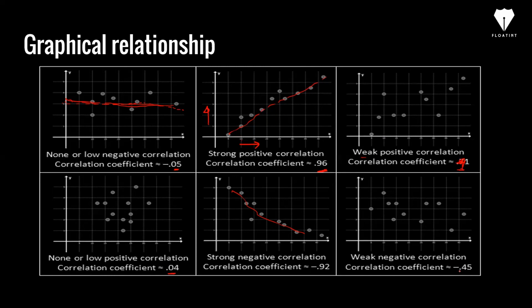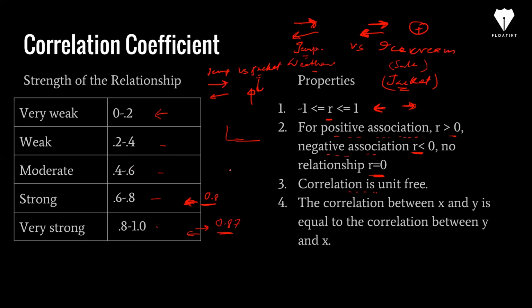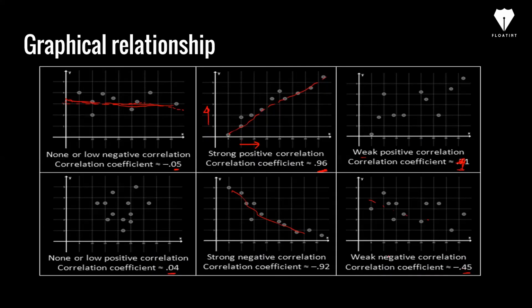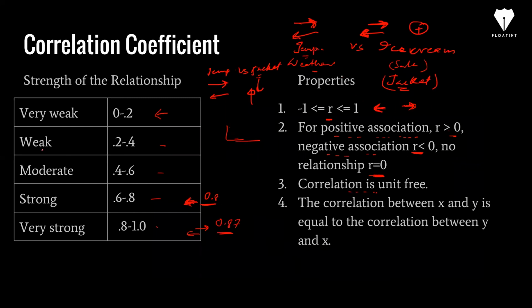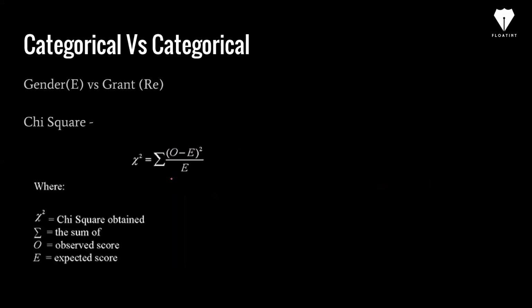In this case, this is minus 0.45, so it is negative, and it will also come under moderate, or you can say mostly weak. So the general thing which you have to follow is around this only. If it is 0.2 to 0.4, then you say weak. If it is around 0.4 to 0.6, then it is moderate.